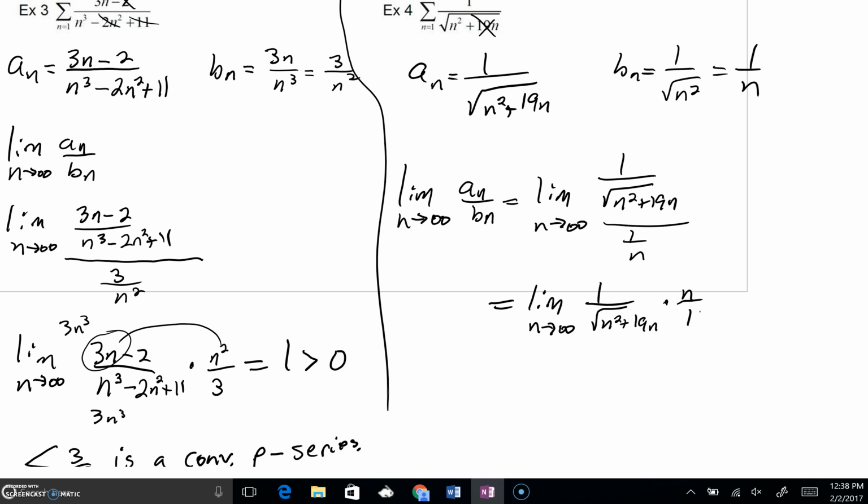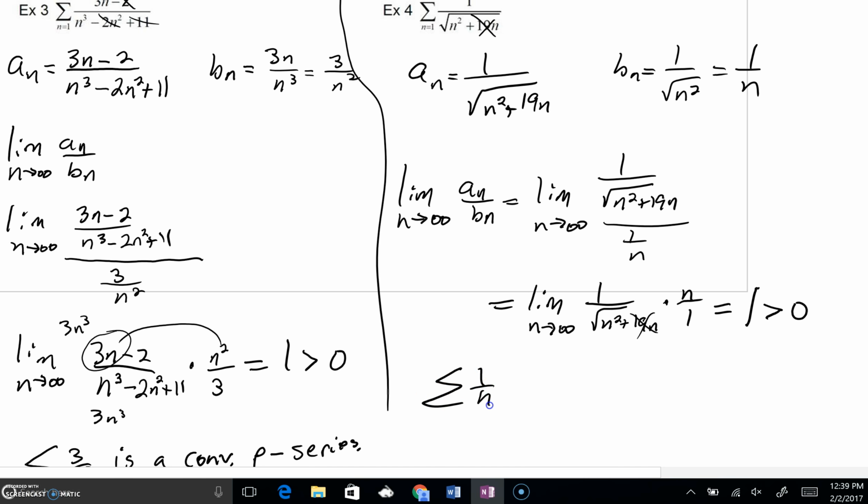We're going to say, okay, n goes to infinity. Really, that plus 19n is inconsequential also. And the square root of n squared is just an n. And n over n, of course, is simply 1. So again, you're going to get a limit that is positive. What that means is we can use the limit comparison test.